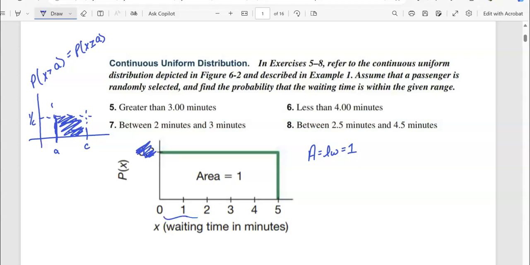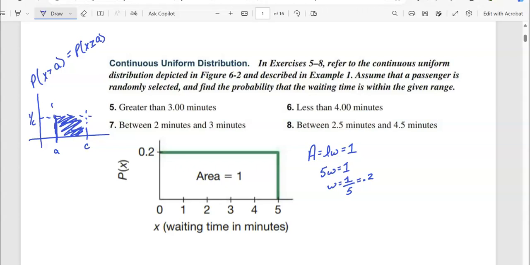So if I know that the length of this is 5, I could figure out the width just by solving a little math equation. So it would be equal to 1 over 5, which is the same thing as 0.2. But this one was nice, and it gave us that 0.2 value for us.